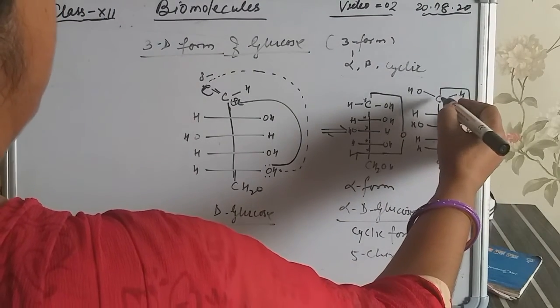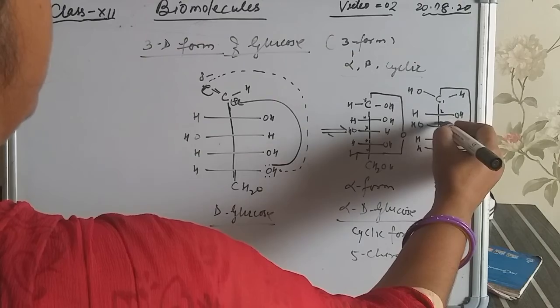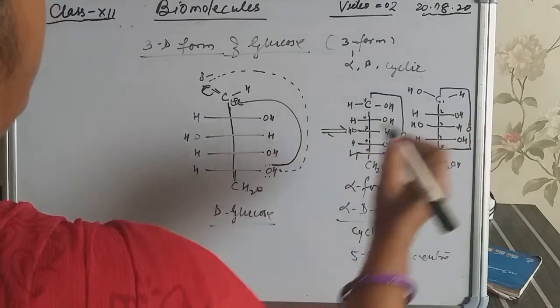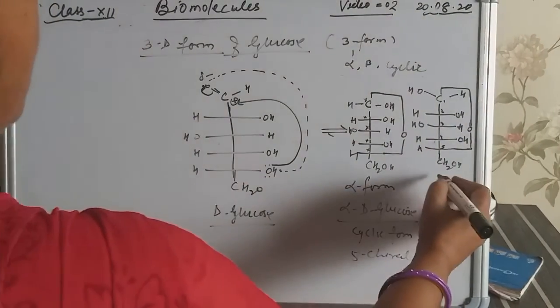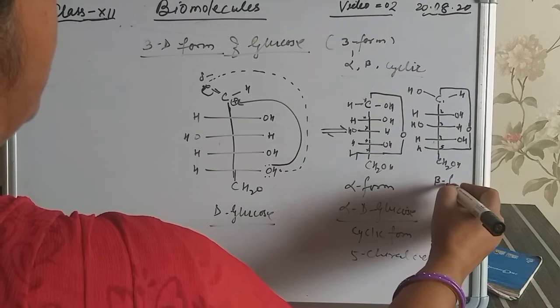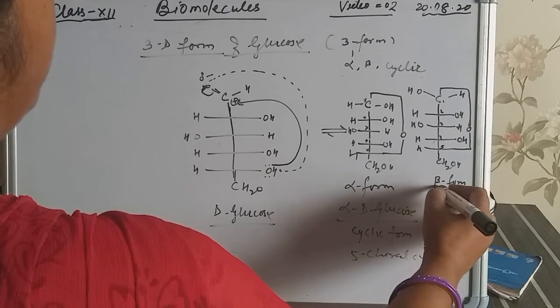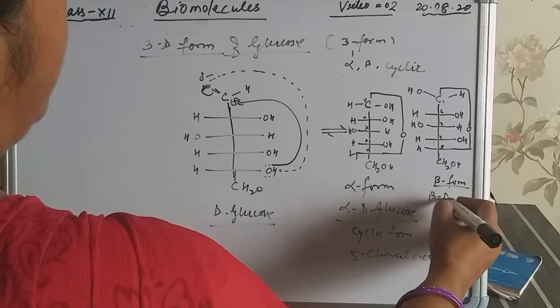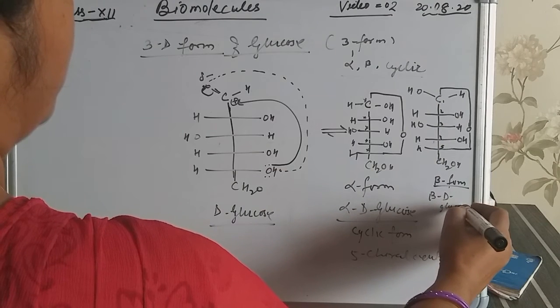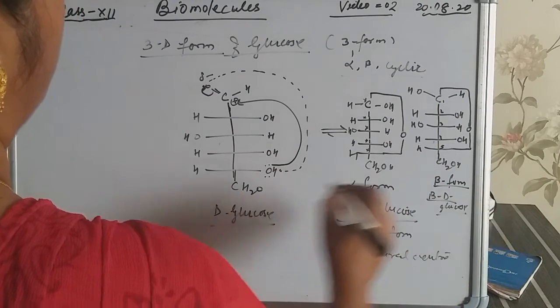So this is 1, 2, 3, 4, 5. It is called the beta form, beta D glucose.